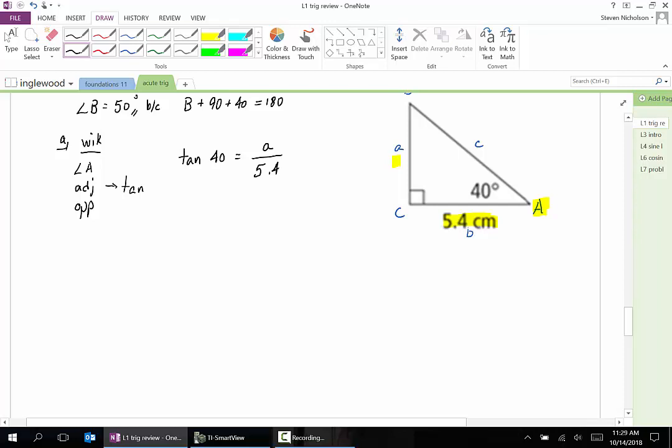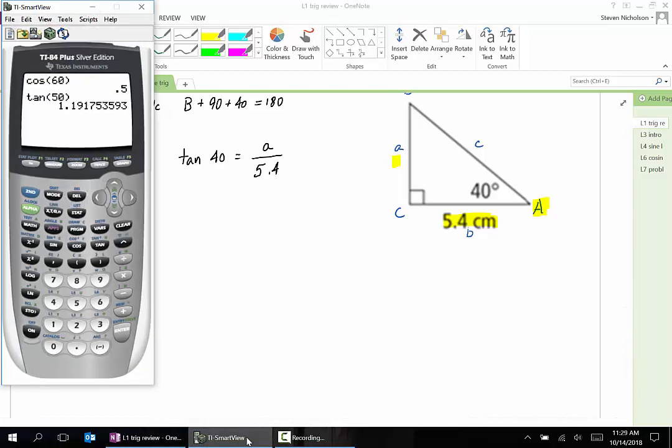At this time right now, what you could do if you wanted, and I'm going to do it the first time, but it's up to you, you could literally change tan 40 into the number that the calculator represents. So we'll get out our calculator and press tan of 40.